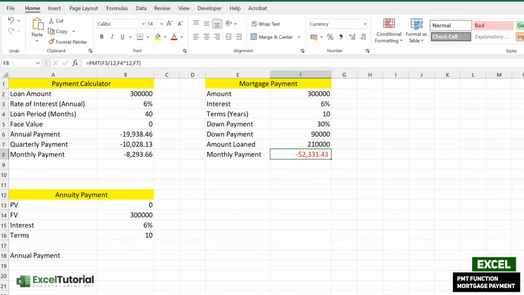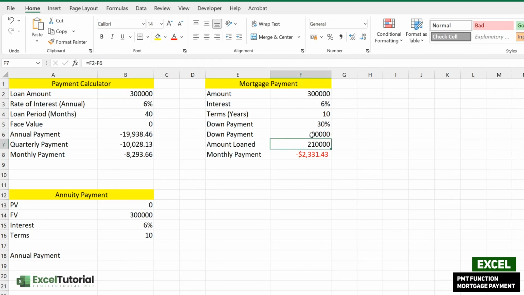Mortgage rates are annual here, right? And the terms are stated in years. The arguments for the rate and periods are adjusted in this example by dividing by 12 or multiplying by 12 itself. The present value comes from this, and this is the present value because we have paid the down payment here.